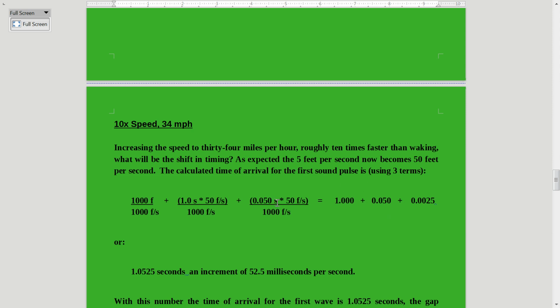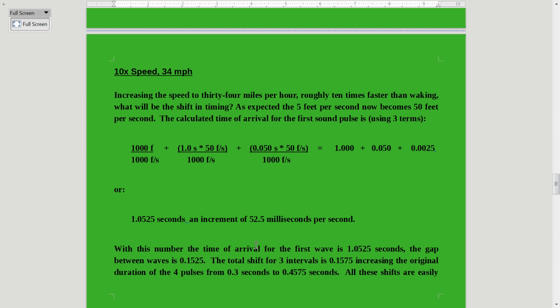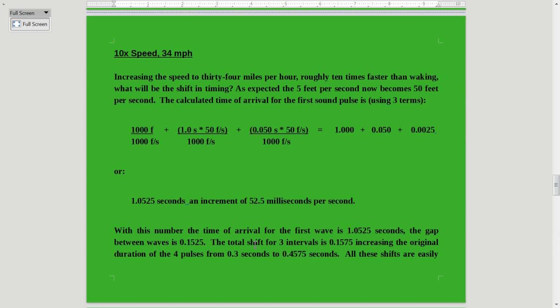And similarly, the next term will give us 2.5 feet over 1,000, which is 2.5 milliseconds. So using 3 terms, when we have 10 times the speed, we'll end up with 1.0525 seconds, or essentially 52.5 milliseconds longer than if there was no movement at all. Okay, that's quite measurable.